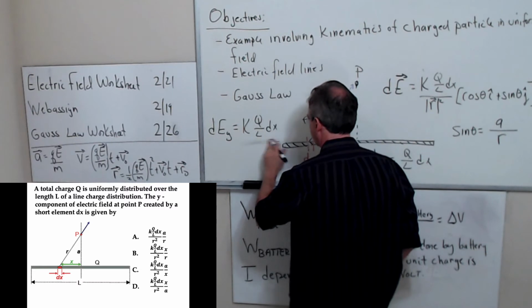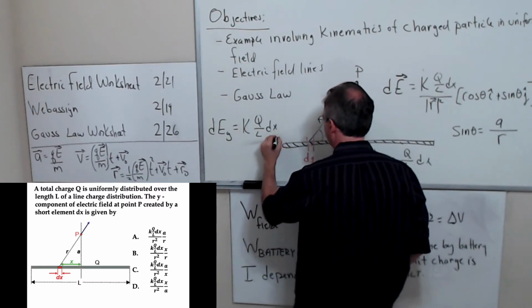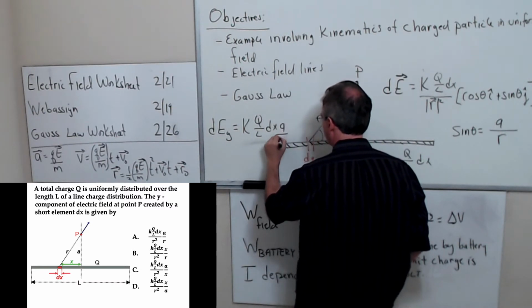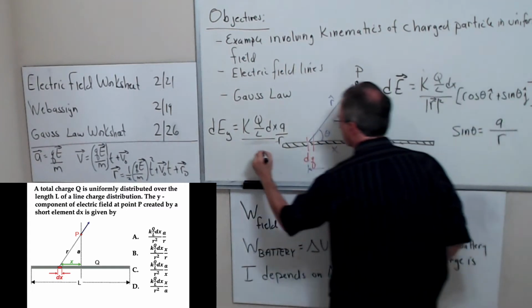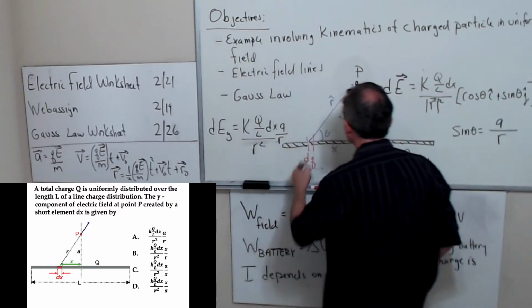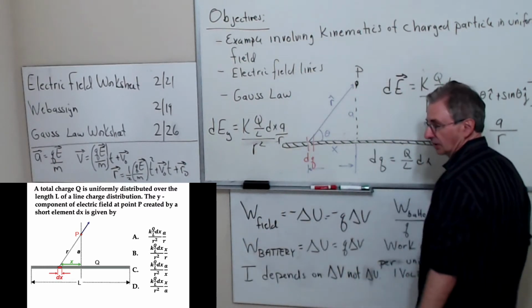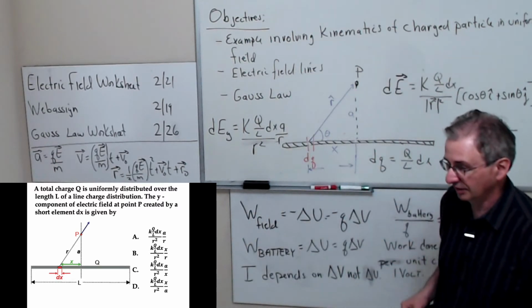And I'm going to write my a over r here. And then in the denominator, I just got to put the distance squared, where the distance squared is going to be a squared plus x squared.